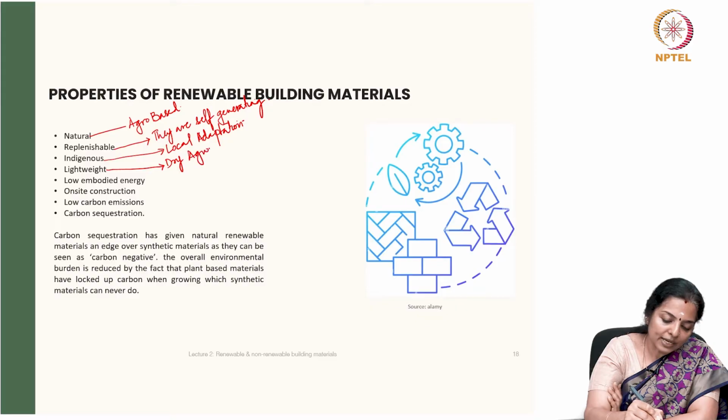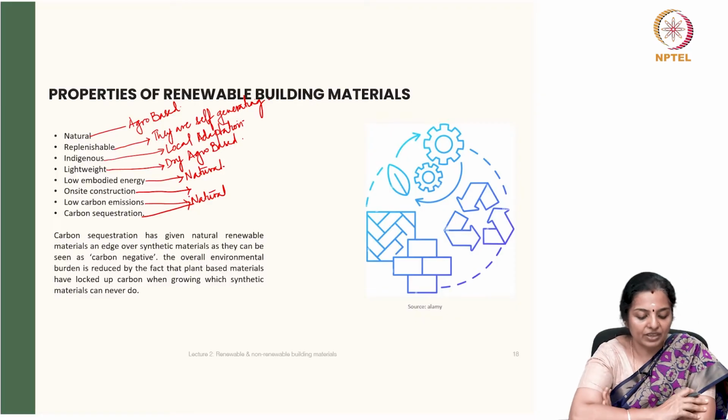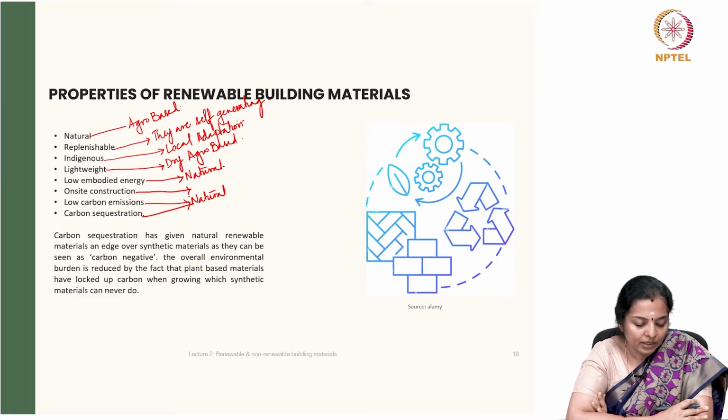and they have low embodied energy because they are natural. They are fit for on-site and off-site construction. They have low carbon emissions because they are natural, and they have carbon sequestration again because they are natural products.